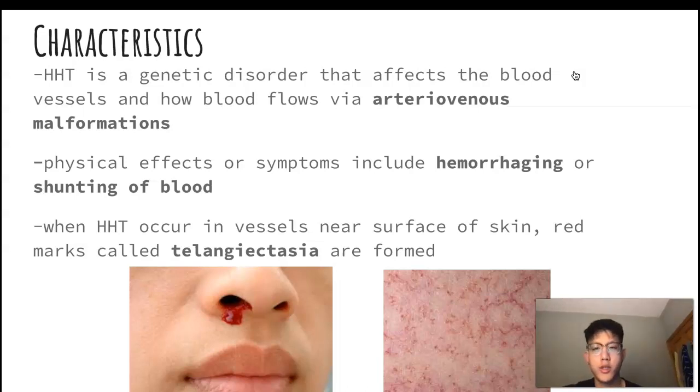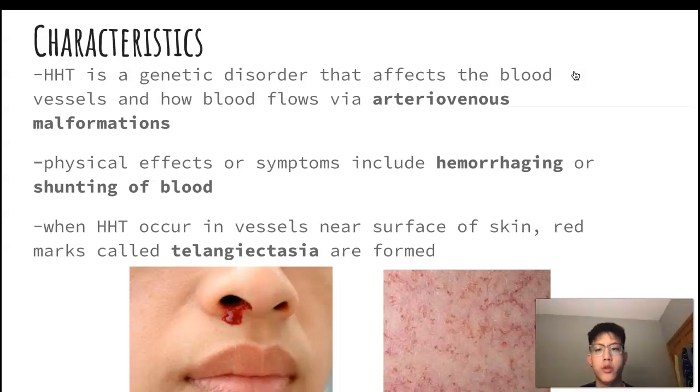HHT is a genetic disorder that affects the blood vessels and how blood flows via arteriovenous malformations. Arteriovenous malformations refer to the disruption of blood flow from an irregular connection of arteries and veins.